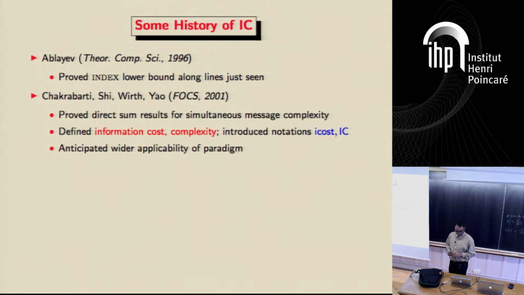So the term comes from this paper of myself with Shi, Wirth, and Yao, and we actually define these terms, information cost and complexity, and this notation which we see today. And we used it to prove something that I'll show you in just a moment. Mainly for historic interest, but also it's a nice application of the paradigm. And it brings up one or two other ideas that will come up in more recent work.